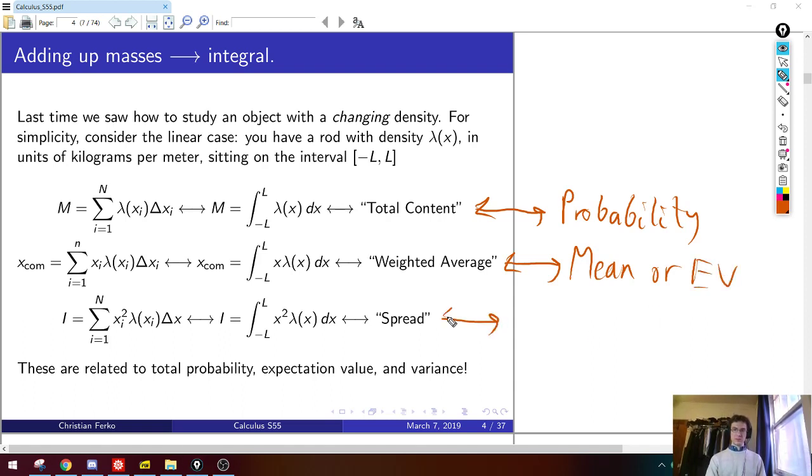And this thing called the spread is going to be something called the variance or the second moment. And that's actually why we call it moment of inertia. The word, you might think, what does the word moment have to do with this? It's just telling me how far away the mass is from the origin, right? It's because this formula looks exactly like the formula for the second moment in probability, which we'll see today.